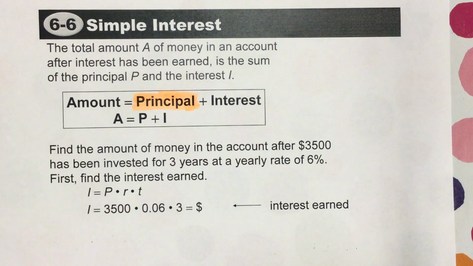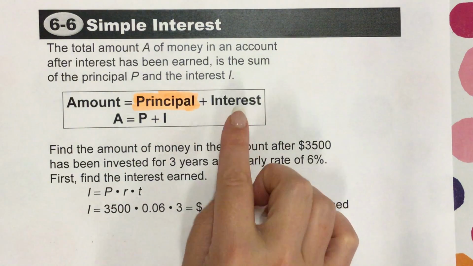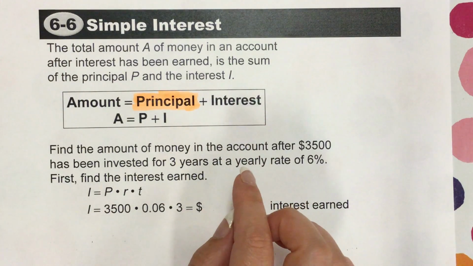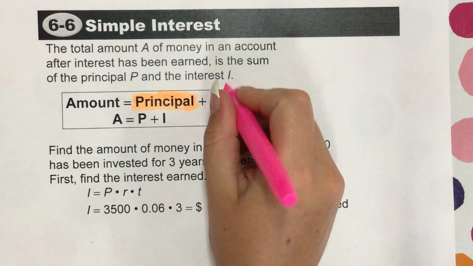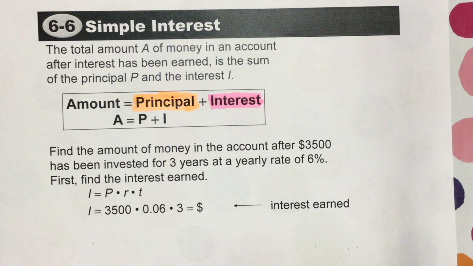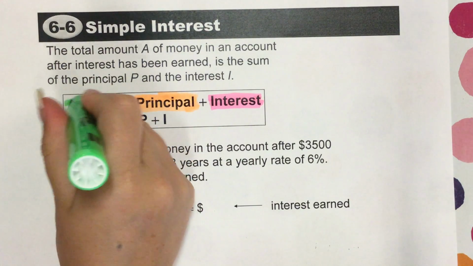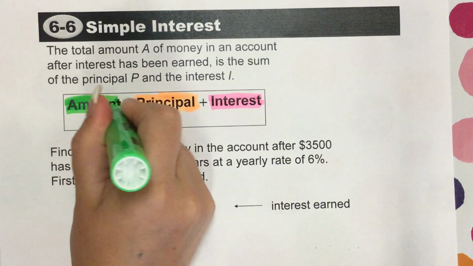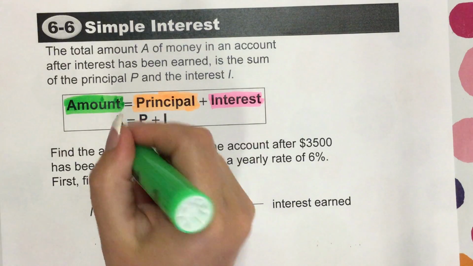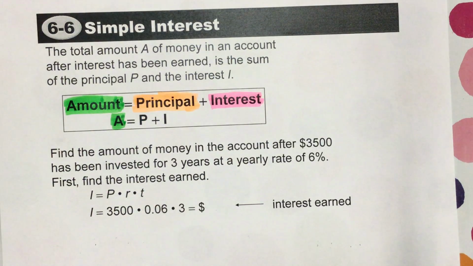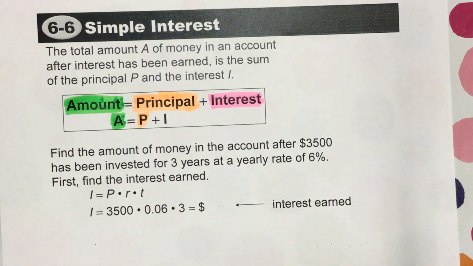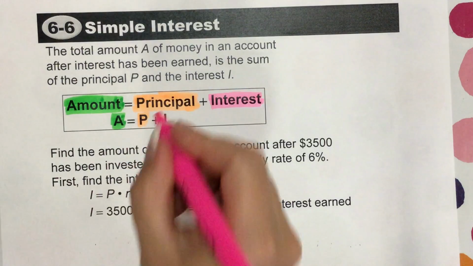And then what's going to happen is over time, under the simple interest, you're going to accumulate interest. And that interest is going to be added to the principal. And then what you're going to end up with is the final amount of money. And that's how much money you have at the end of whatever you invested. So the amount is found by taking the principal and adding it to the interest.